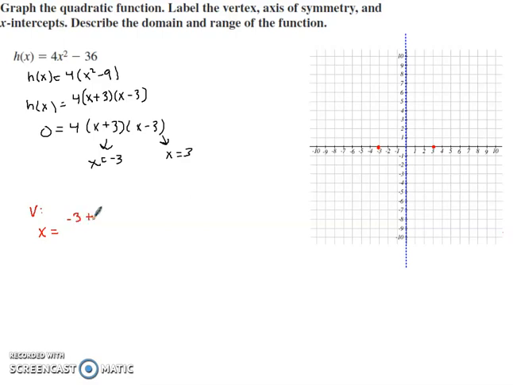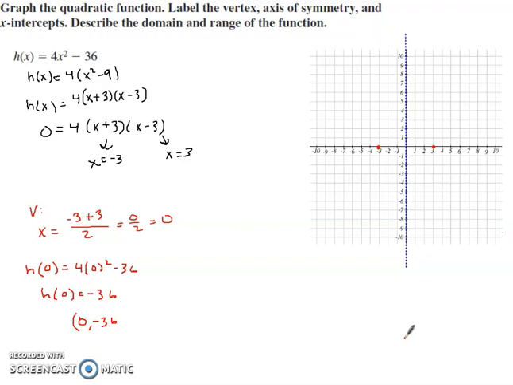So I add the zeros, -3 and 3, and divide by 2. And sure enough, just like I drew my line, that x value is 0. So then to find the exact place where the y value is, I then plug that 0 in. So 4 times 0 squared minus 36. And I find out that my vertex is at (0, -36), which is way beyond my graph.